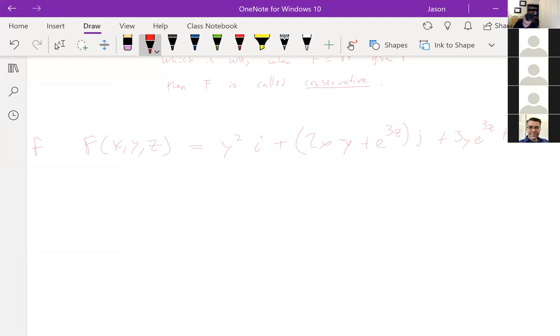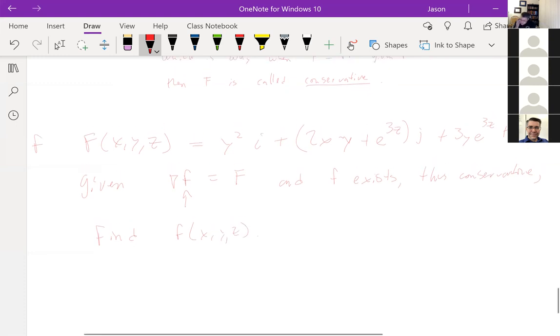Given that the gradient of f equals F, that there does exist a parent function here that makes this conservative, thus conservative. Find f of x, y, z.